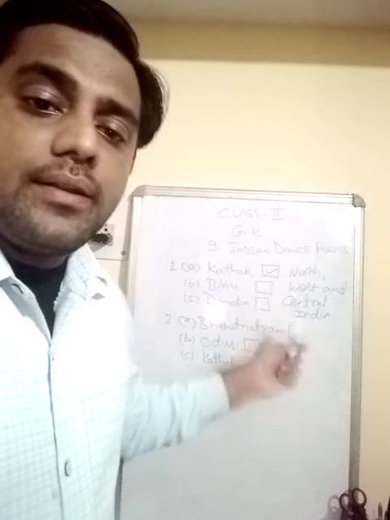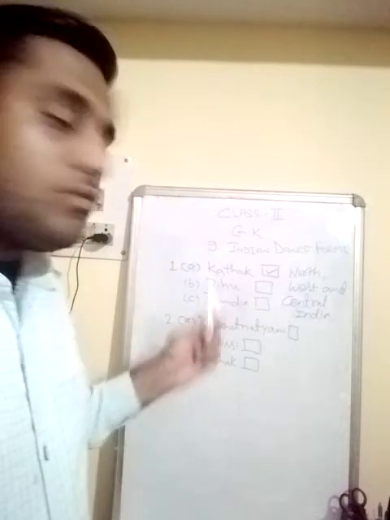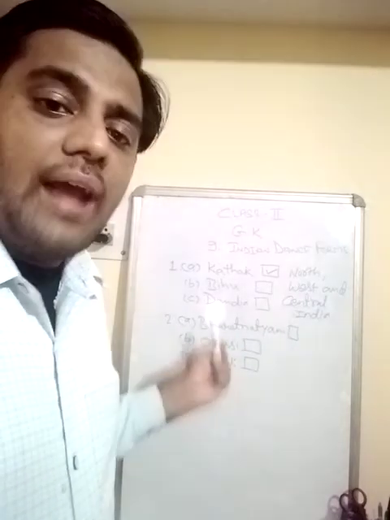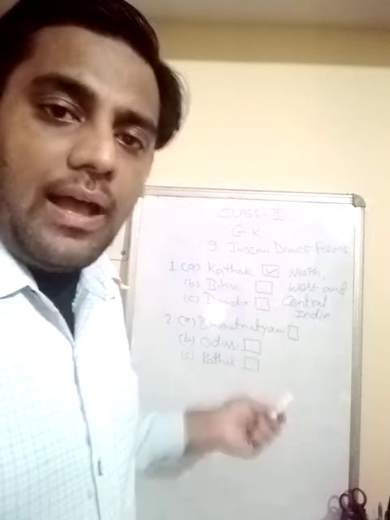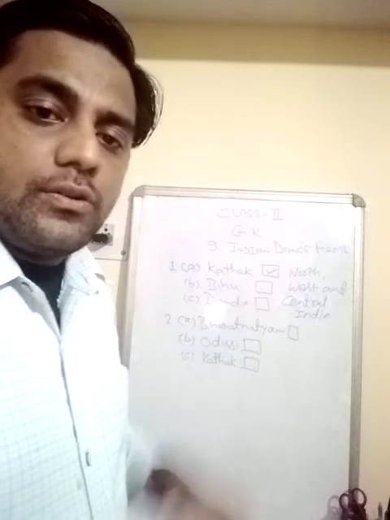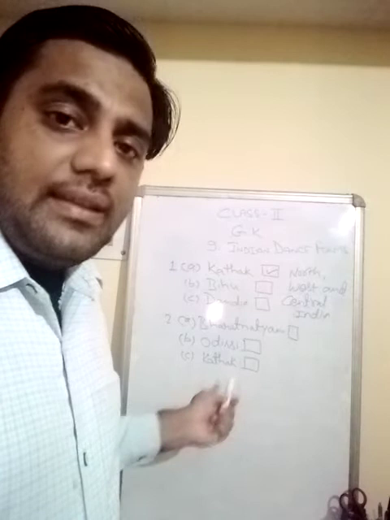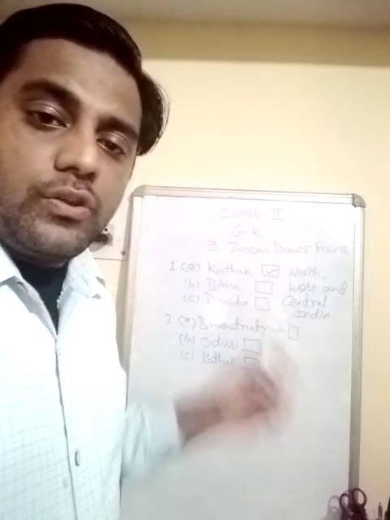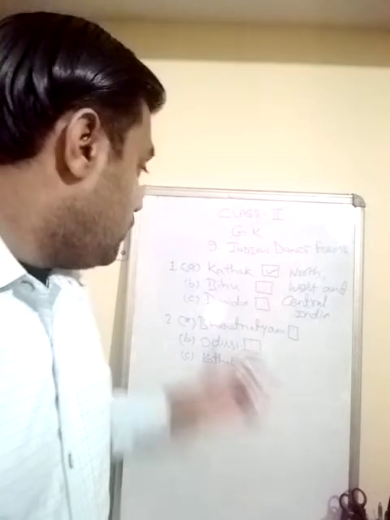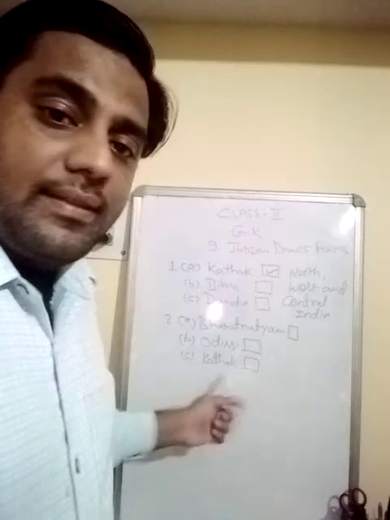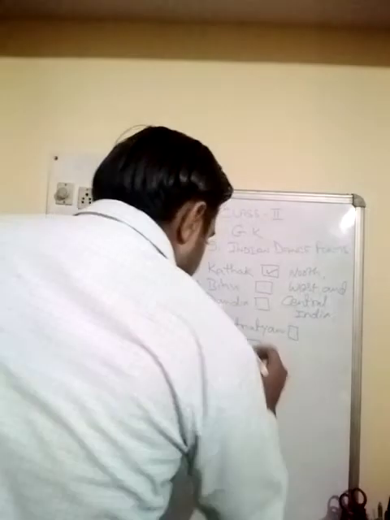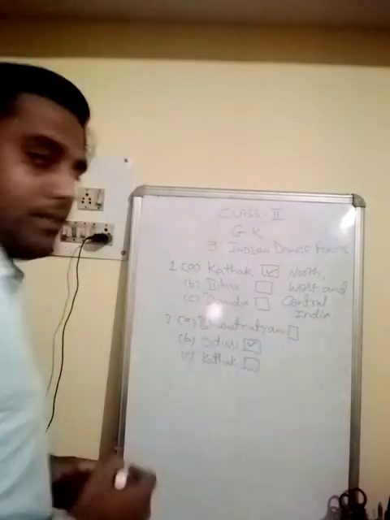Bharatnatyam. The second option is Odissi, and your third option is Kathak. So here you have your three options for pic number 2: Bharatnatyam, Odissi and Kathak. And your correct option is Odissi.